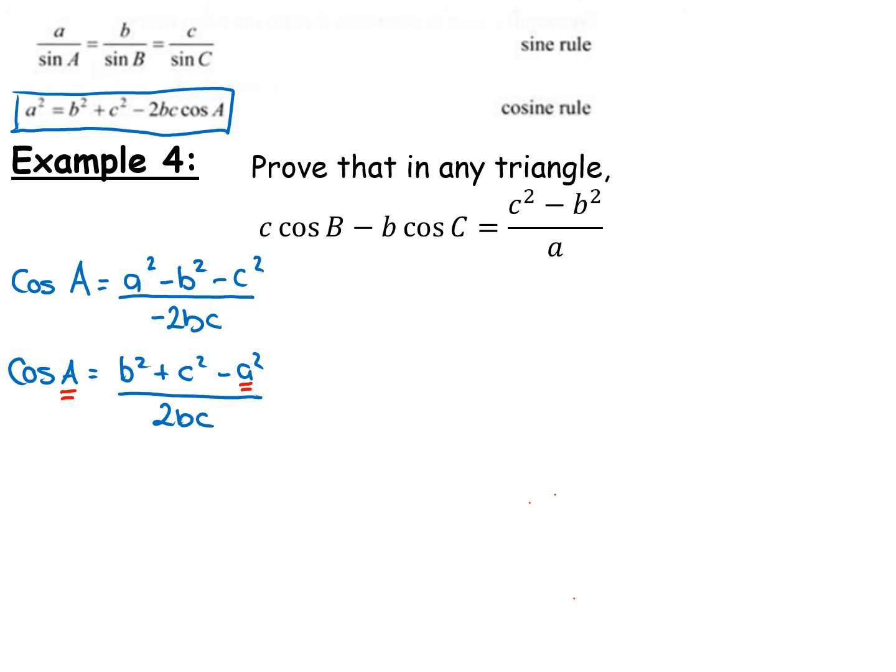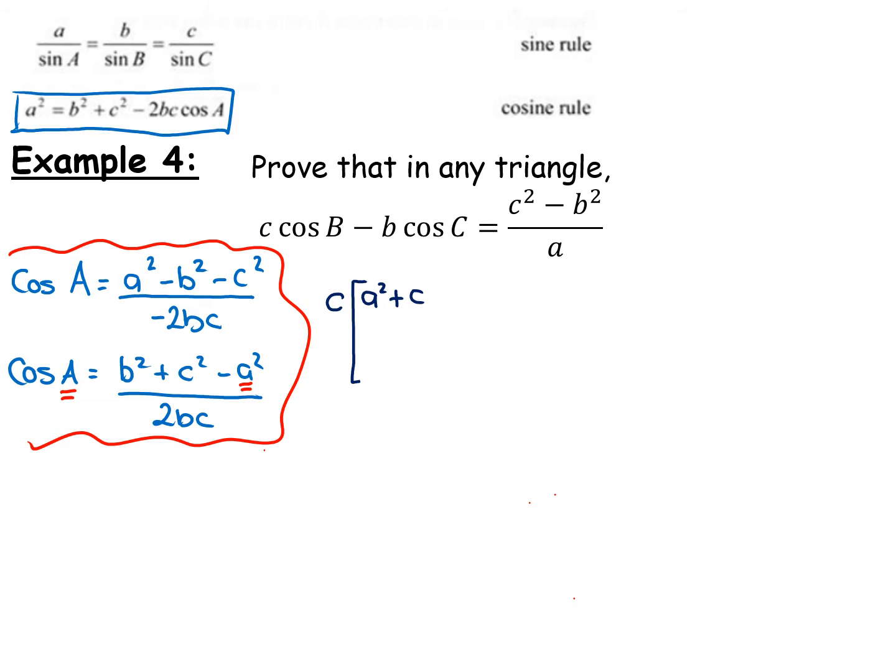So we want C cos of B minus B cos of C. So I'm going to just put a little box around this. That was kind of our workings to the side. So we get C. Now cos of B, following this formula, is going to be A squared plus C squared minus B squared all over 2AC.